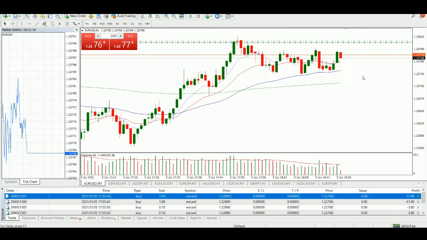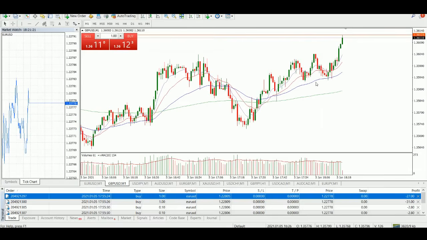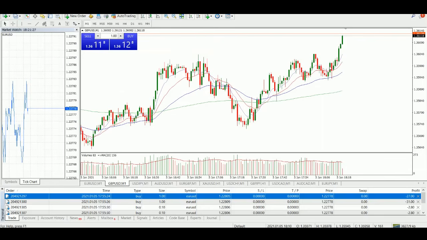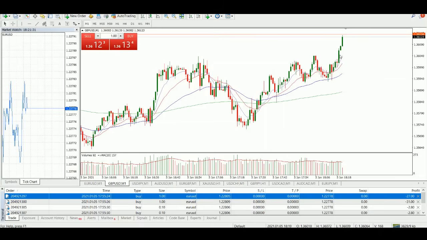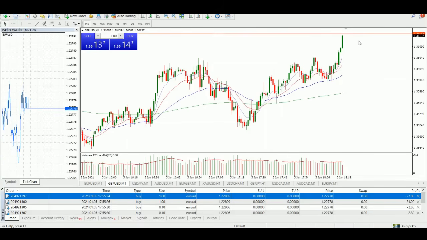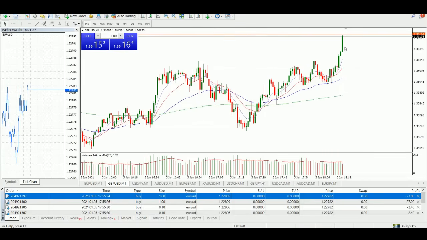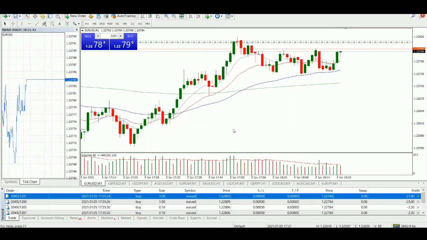We wanted to break this high as GBP dollar did. The GBP dollar crossed this last peak, and from there, GBP dollar is now in a great uptrend. GBP dollar will be going up much further and further, and euro dollar will be following it.